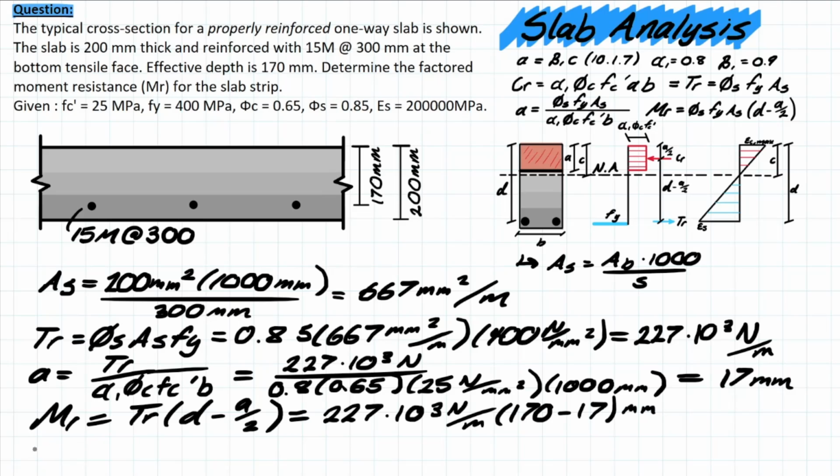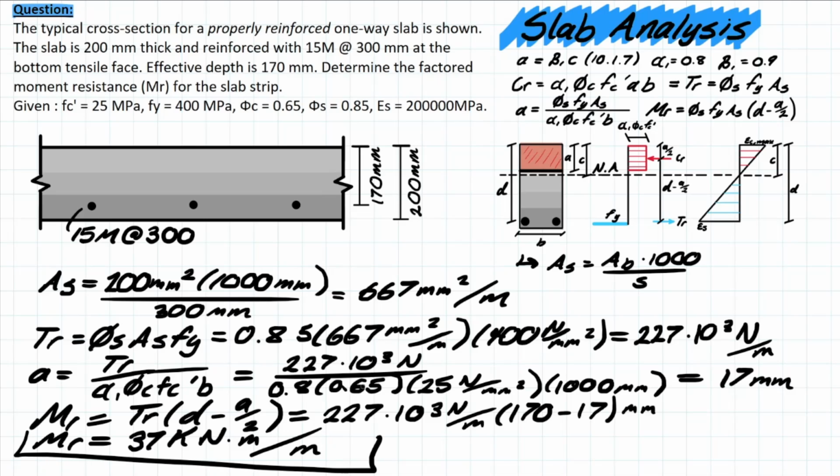And then solving for Mr, after converting, we have a value of 37 kilonewton meters per meter. So this is a resistance per meter value. So every meter segment of this slab is going to be able to resist 37 kilonewton meters per meter. Right? So that's your final answer for this problem.